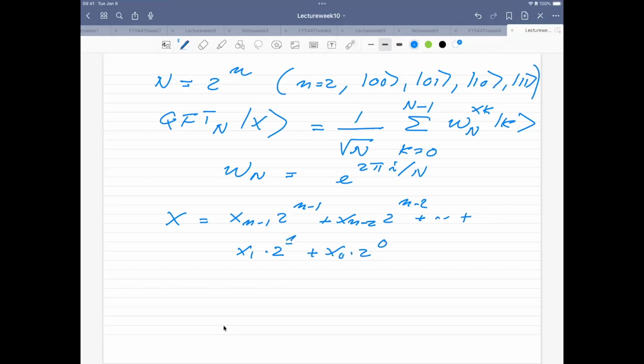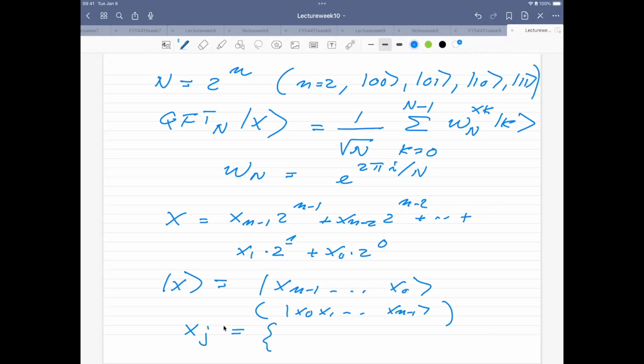And what we have then is a state x, which is given by these qubits, x_{n-1} down to x0. Alternatively, we could write it like x0, x1, up to x_{n-1}. And these x's take only two values. They are either 0 or 1.